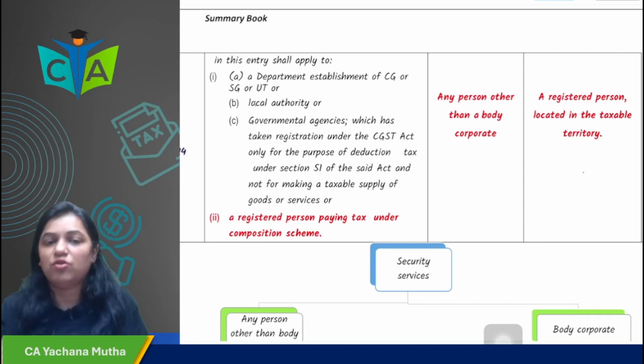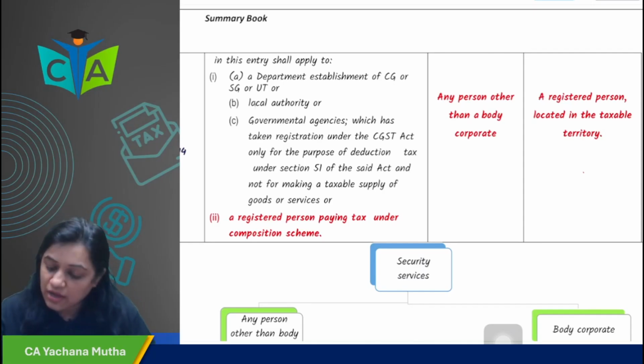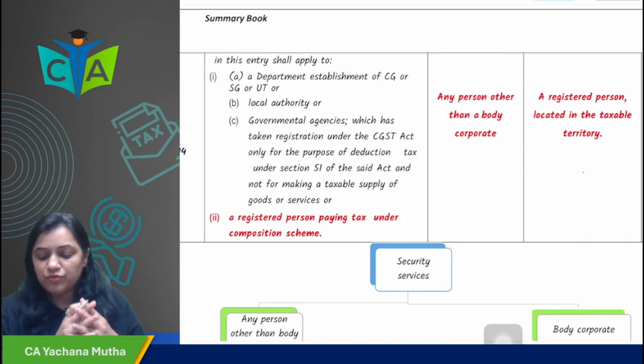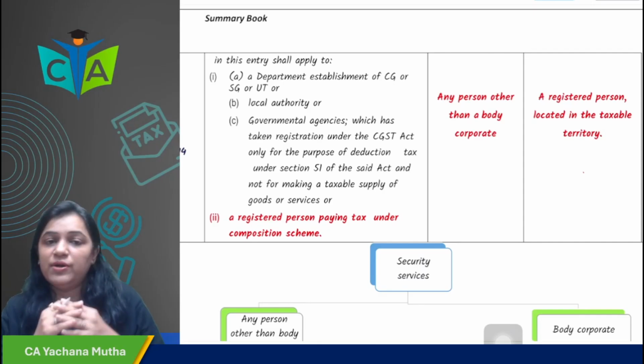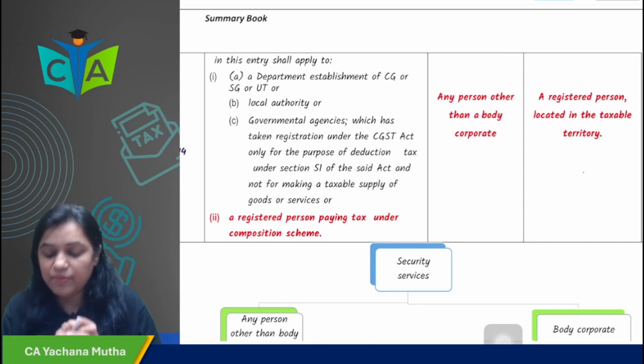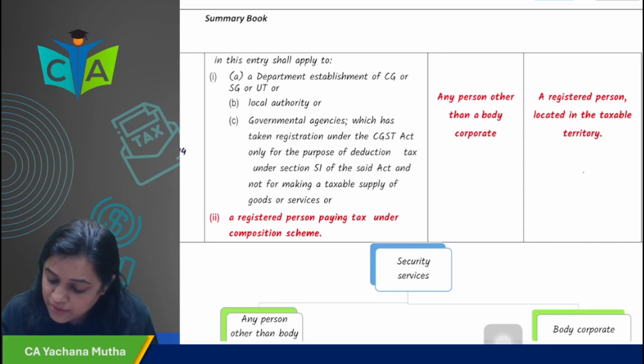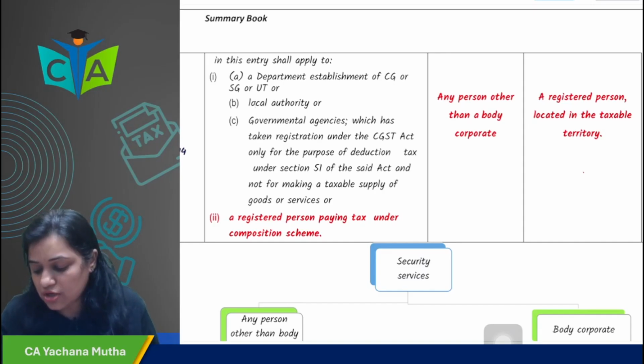And if the recipient is central government, state government, union territory or local authority who has taken registration for TDS deduction, then also it is under forward charge. So in these two cases it will be under forward charge, otherwise reverse charge. If the supplier is any person other than a body corporate and the recipient is a registered person other than a composition dealer, then it is under reverse charge.